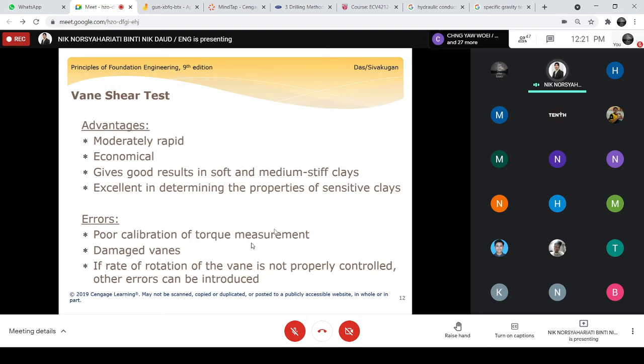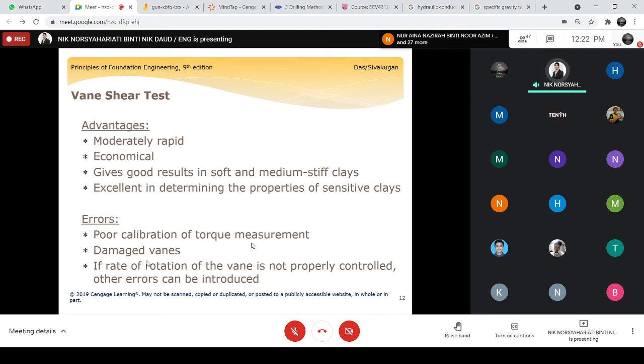However, there are some errors. First, when you use a vane shear test, you need to make sure of the calibration of the torque, because it relates to how you handle the vane shear test. Unfortunately, due to some tool errors, the vane shear test can have very poor calibration. Then there is a risk that you need to counter, which is damage to the vanes.